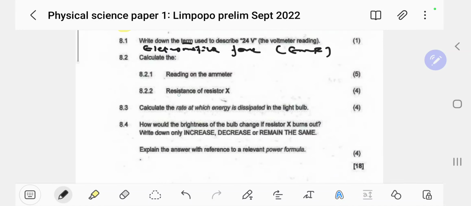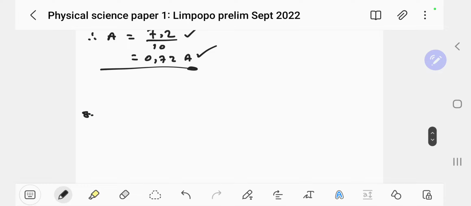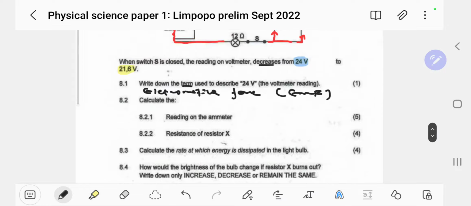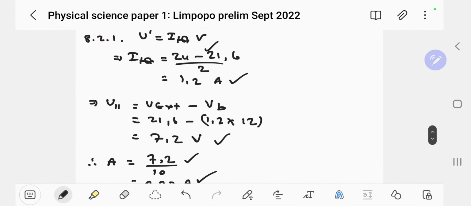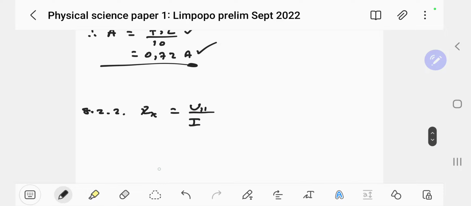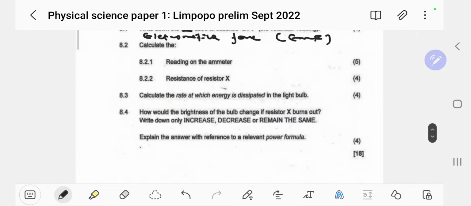Now 8.2.2, calculate the resistance of resistor X. So we know that the resistor X is going to be V parallel over I2. Let's not cause ourselves issues at this point.